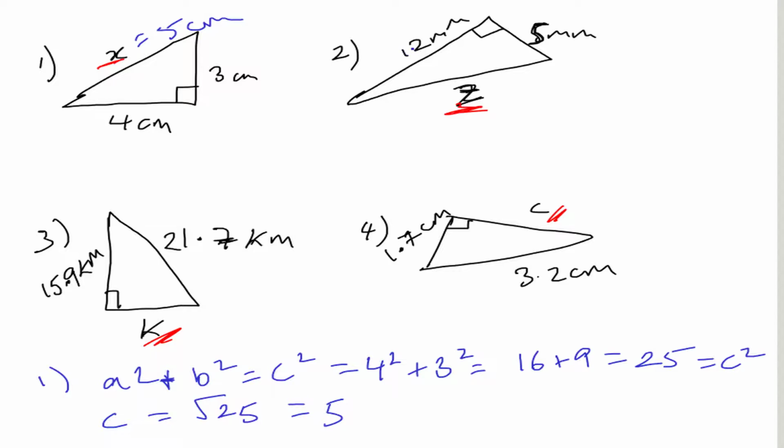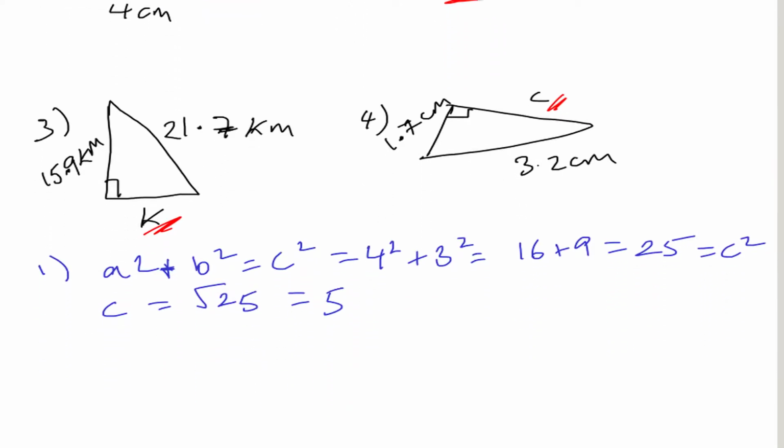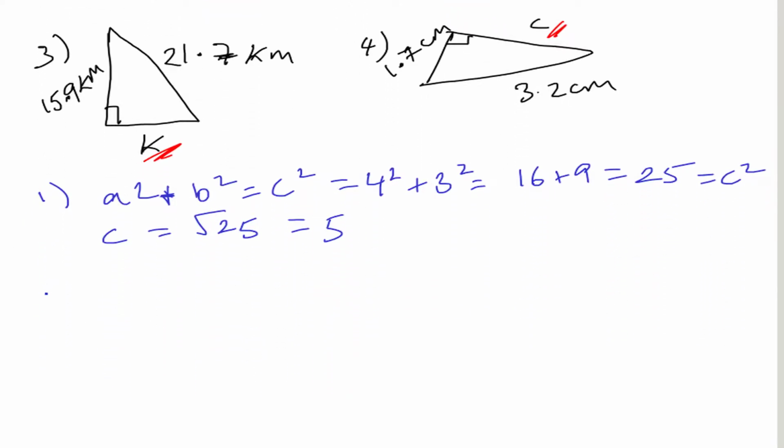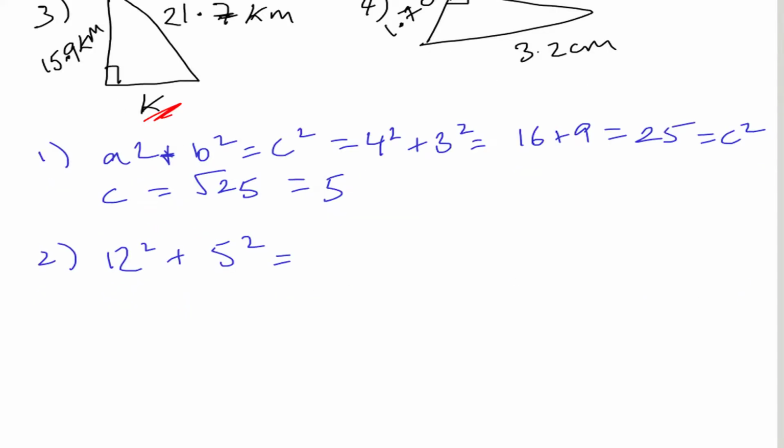Okay, next one. You've got 12 millimeters and 5 millimeters here. Question 2. 12 squared plus 5 squared equals z squared.